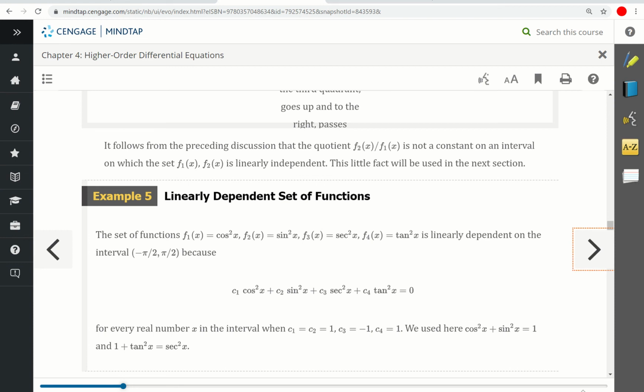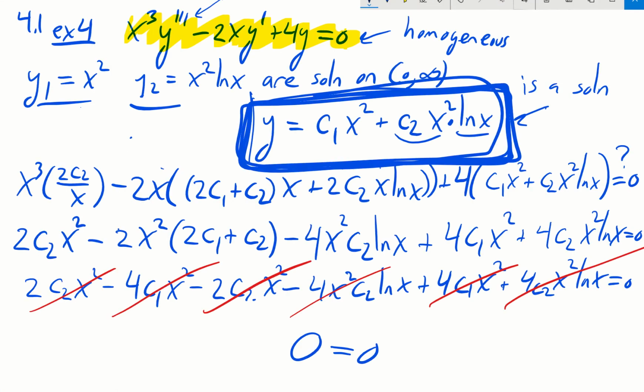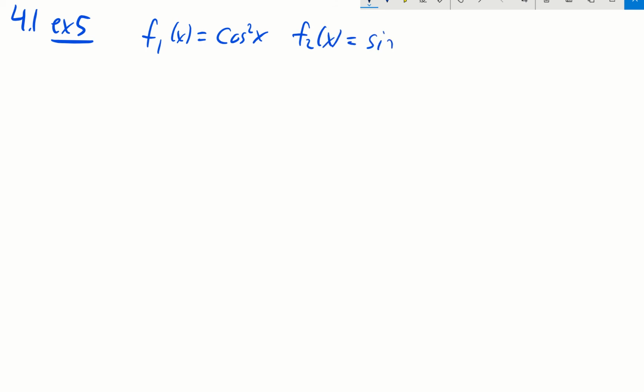In order to see this, let's set this one up. So we're looking at the following. f1 of x was cosine squared x, f2 of x was sine squared x, f3 was the secant squared, and f4 of x was the tangent squared of x.